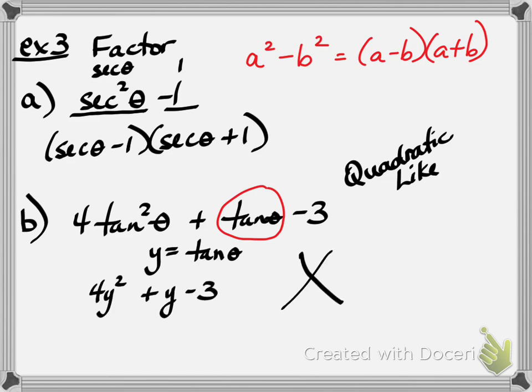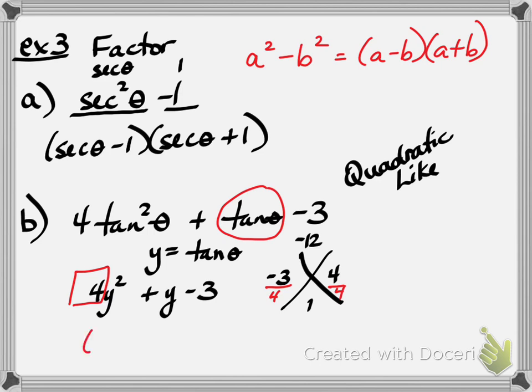I'll do x method with it. A times c at the top, b at the bottom. Factors that multiply to 12 and add to 1. And since a is not just a 1, we've got to divide both of these by 4.